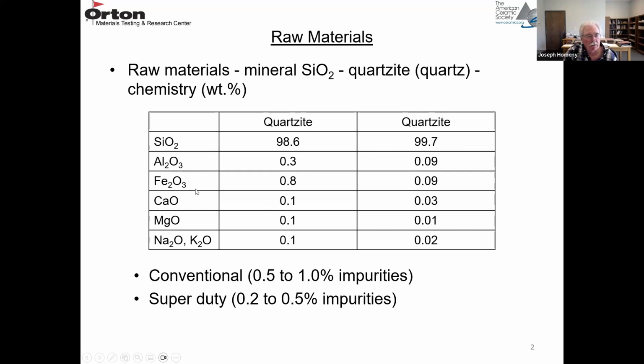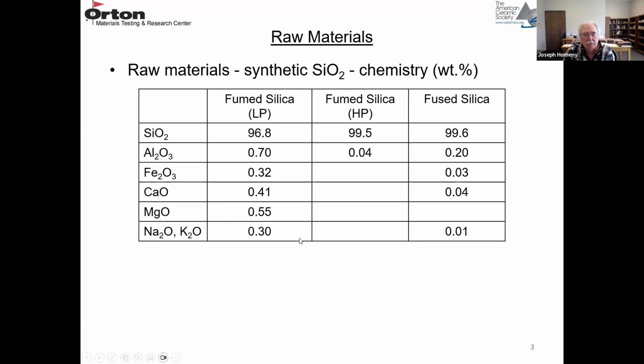So alumina, iron oxide, calcium and magnesium oxides, and the alkalis, sodium and potassium, are the primary impurities. There's also fumed silica and fused silica. Fumed silica is a very fine particle size silica used a lot in castable type refractory systems for producing higher density castables, and also is very reactive with alumina to form mullite.